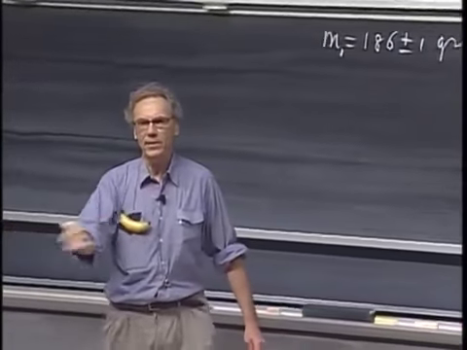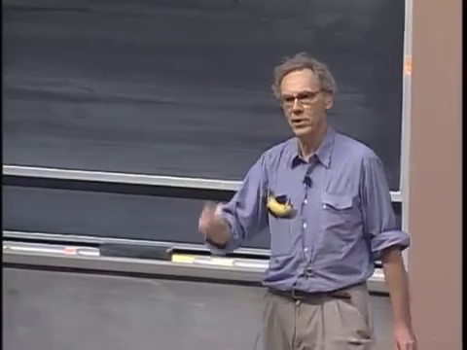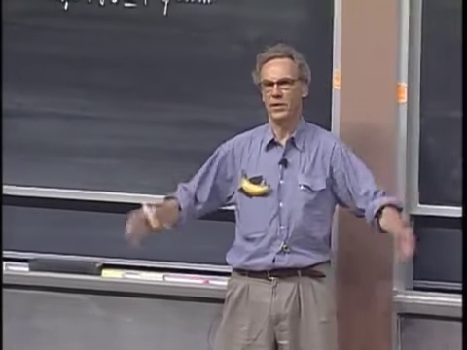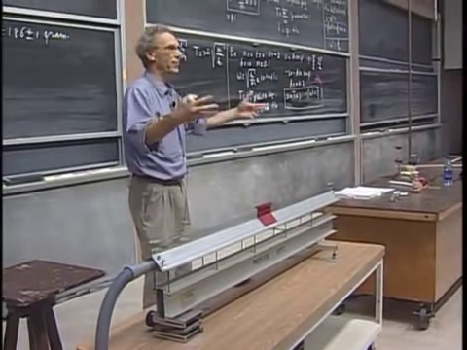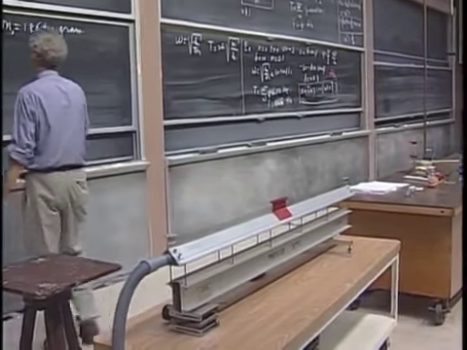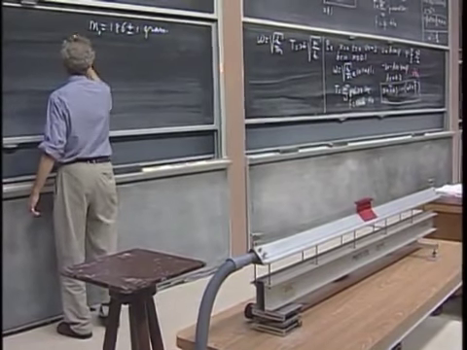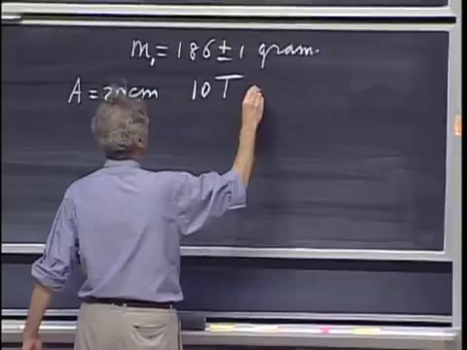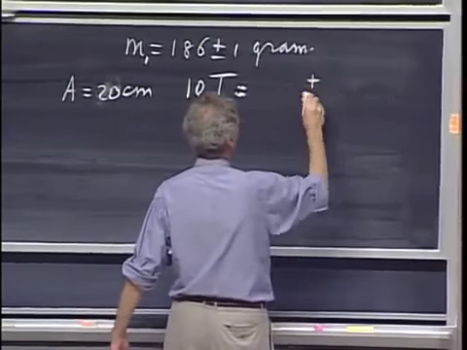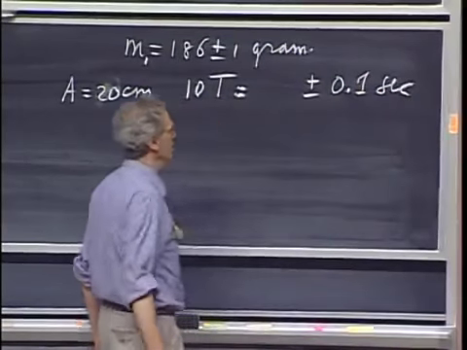I'm going to oscillate it, and we're going to measure the period. But instead of measuring 1 period, I'm going to measure 10 periods, because that gives me a smaller relative error in my measurements. So I'm going to do it at an amplitude of 15 centimeters. Let's make it 20 centimeters. So I get 10T, I get a certain number, and I get an error, which is my reaction error, about 1/10 of a second.